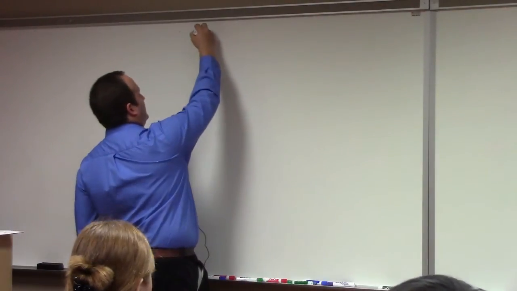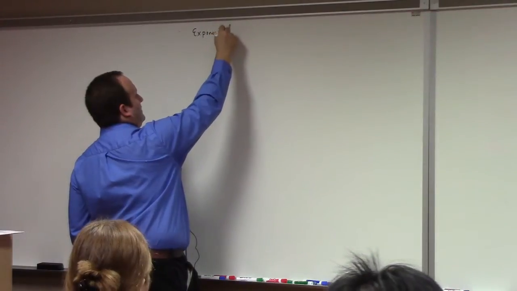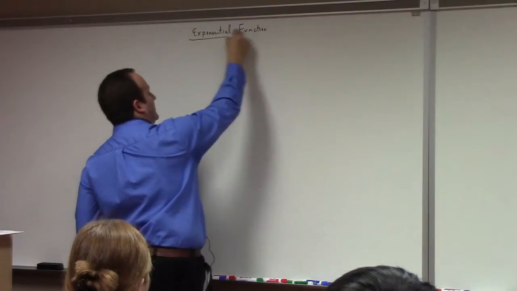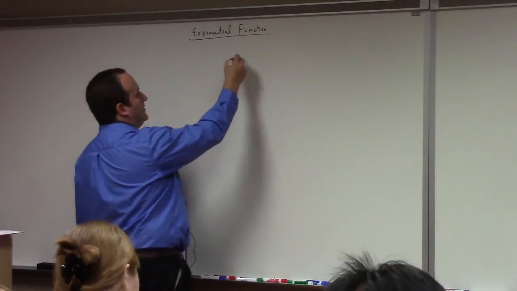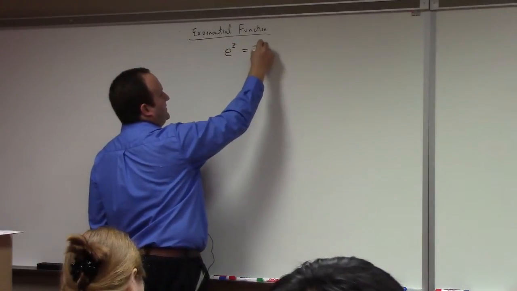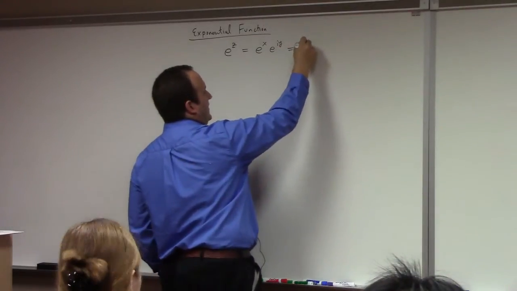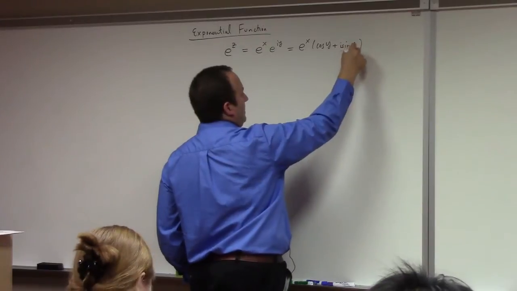So let's go back to the exponential function again. I want to talk to you a little bit more about the idea of the branch cut and a corresponding idea, something called the Riemann surface. So we learned if we have e to the z equal to e to the x times e to the iy, in detail, that's e to the x (cosine y plus i sine y), right?